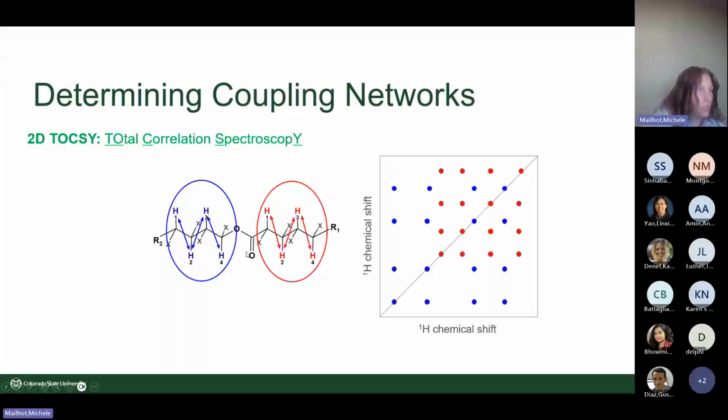So oxygens are huge like that. So it takes a lot of energy to go across these bonds. So you would never do that. So TOCSY helps you piece together, okay, I've got this substructure here and this substructure here. And so that's the big takeaway from TOCSY.